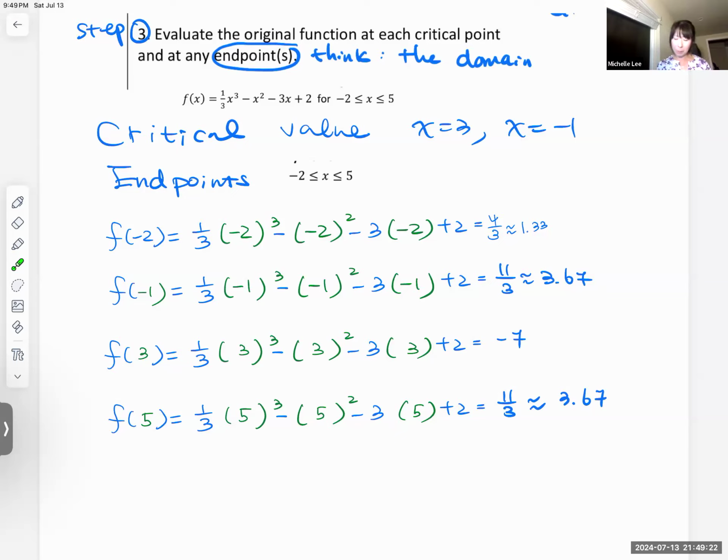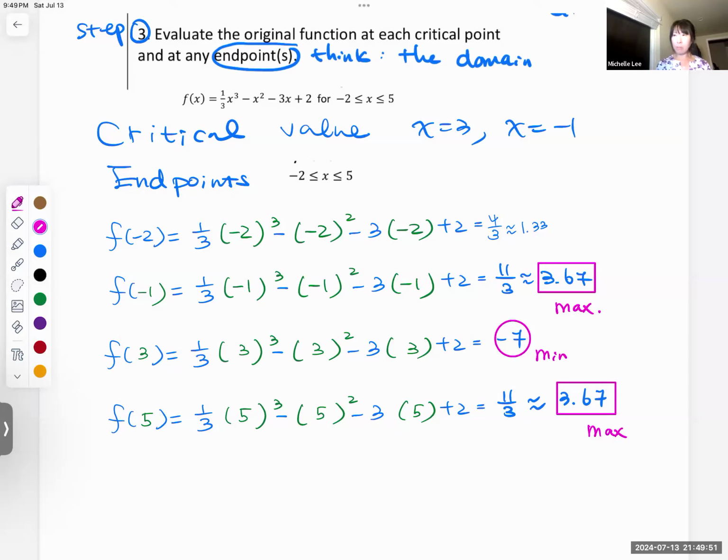It depends. So this is a maximum. Also, this is a maximum. And which one is the smallest value? That is the one, negative 7, right? So this is the minimum.